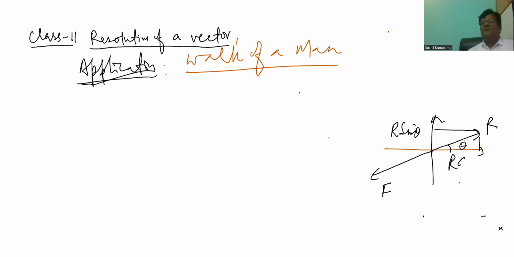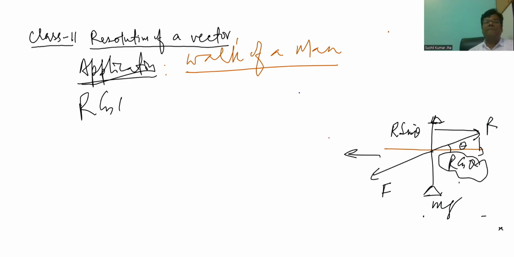So this r sine theta component is actually balancing our weight mg. But this r cos theta remains as such, no force against it, left side. So r cos theta component helps us to walk, right? So this way we can explain the walk of a person.